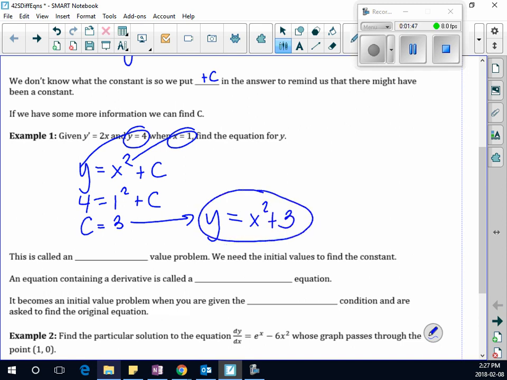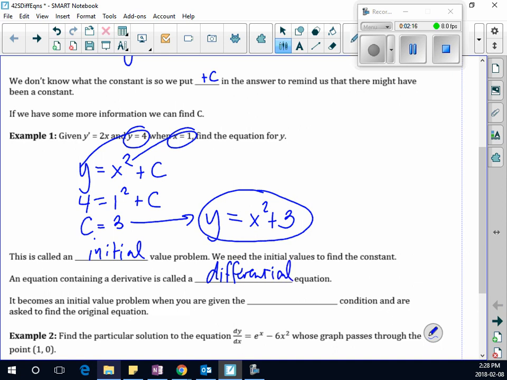Pretty easy. This is called an initial value problem. We need the initial values to find the constant. An equation containing a derivative is called a differential equation. Once you are done with Calc 1 and Calc 2 in university, then after that you get into differential equations.